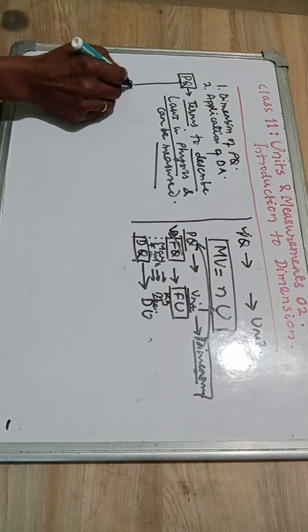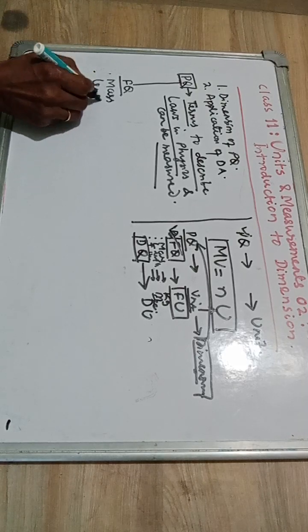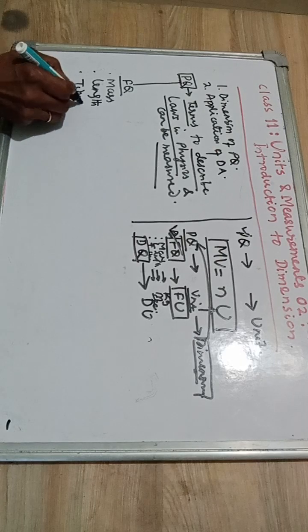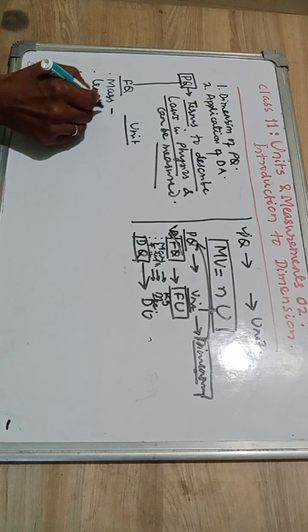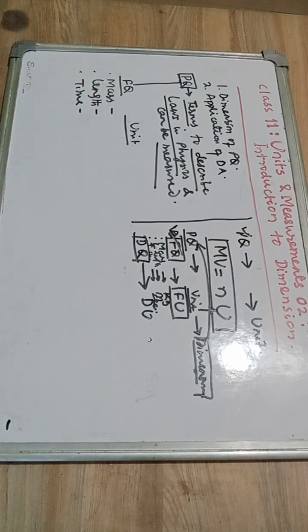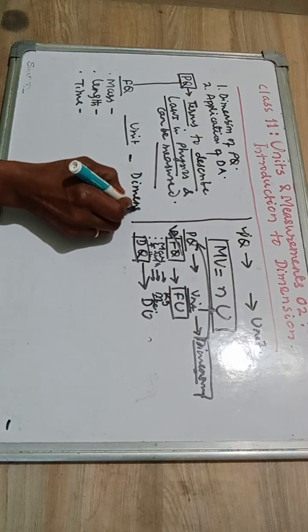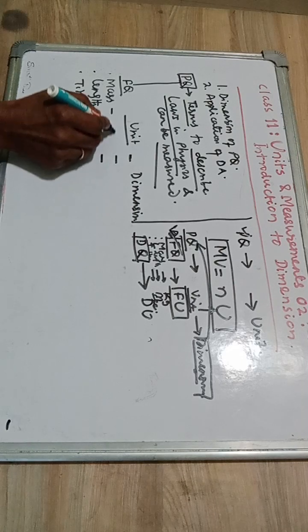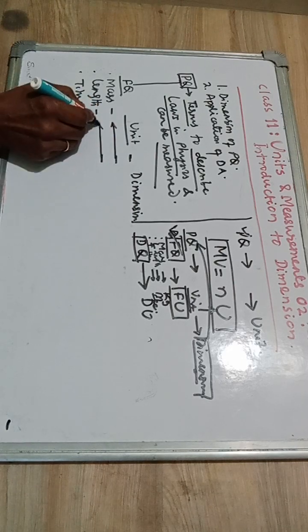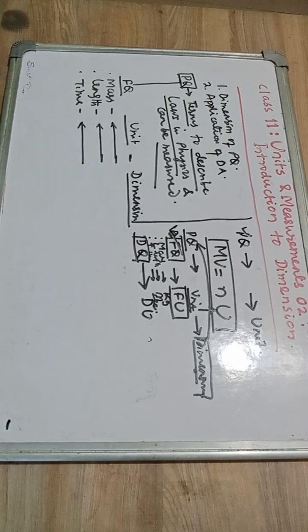We had fundamental quantities mass, length, and time. Like we had a unit for each fundamental quantity, now we'll assign a dimension to each fundamental quantity. The word dimension indicates it gives information.